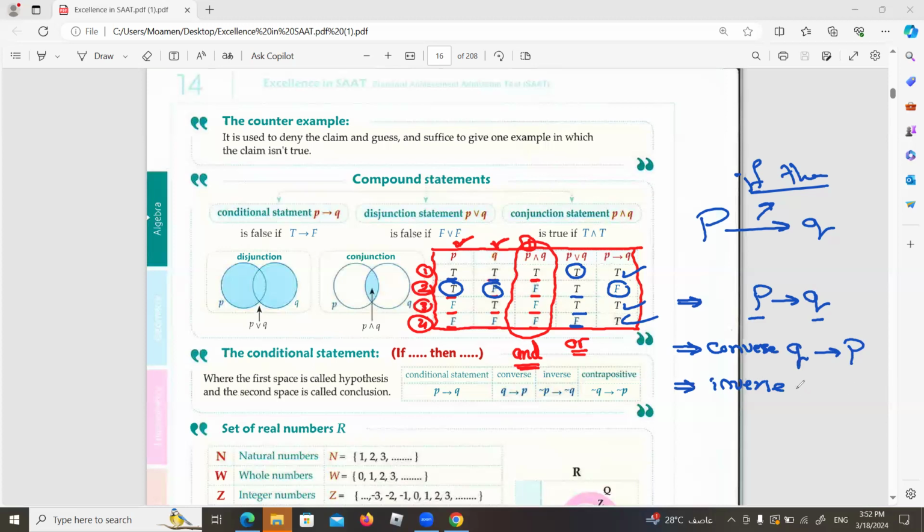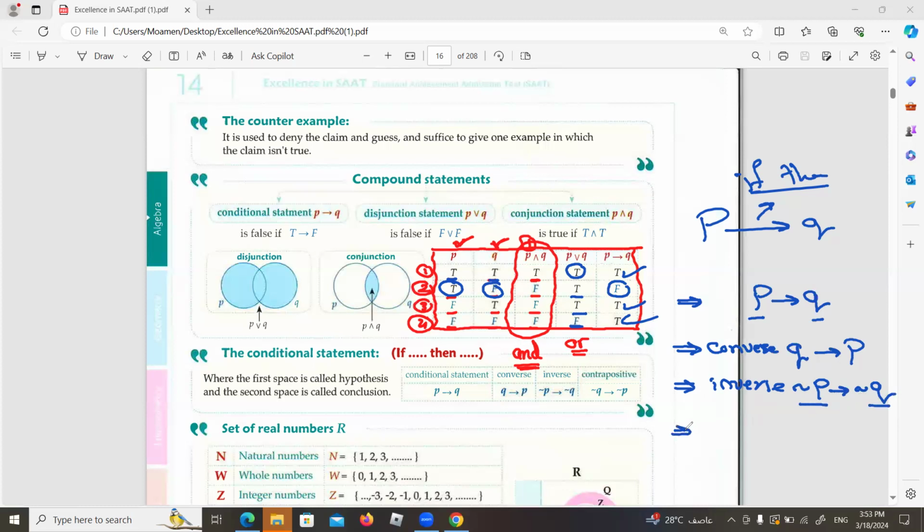So for the inverse, we get the negative of P and the negative of Q. In the converse, you change the places between the hypothesis and the conclusion. In the inverse, you add a negation, not, to the hypothesis and to the conclusion. So not P, then not Q.